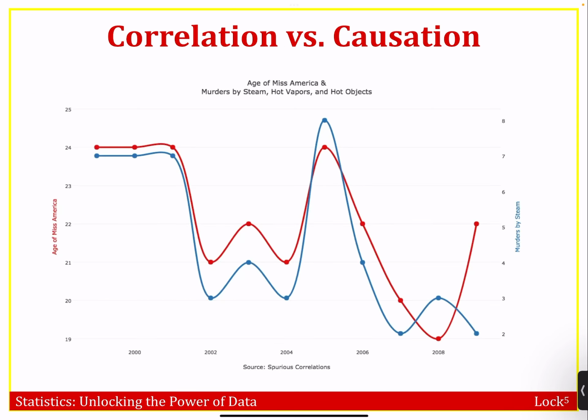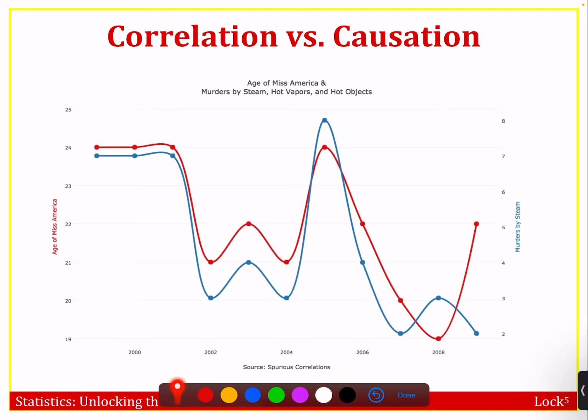All right, so here's an example. This graph shows the age of Miss America. We've got two curves here. One of them is showing the age of Miss America, the red one, over the years. So this red line is the age of Miss America. And it mirrors fairly closely this blue curve, which is the murders by steam in each year.